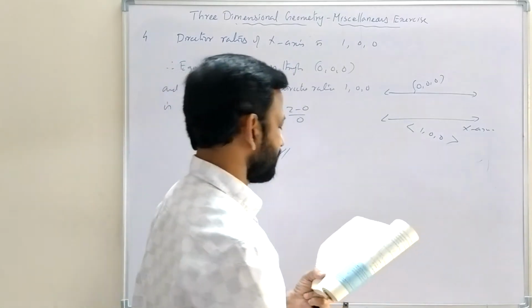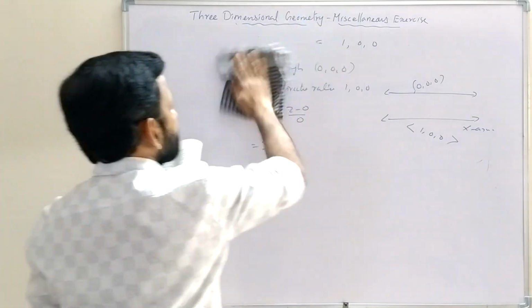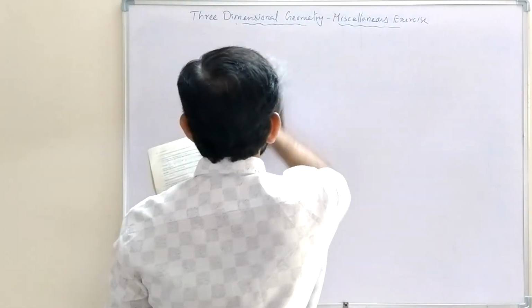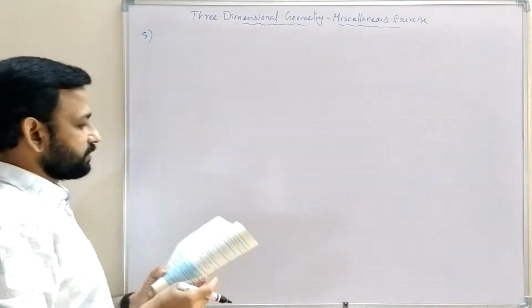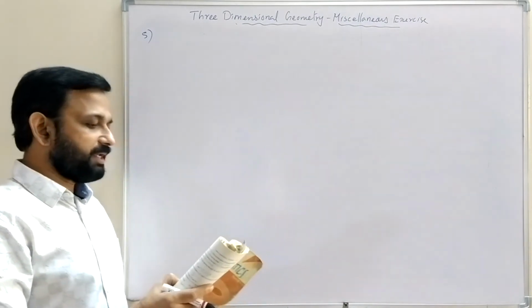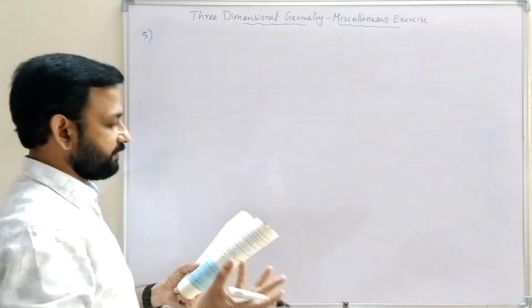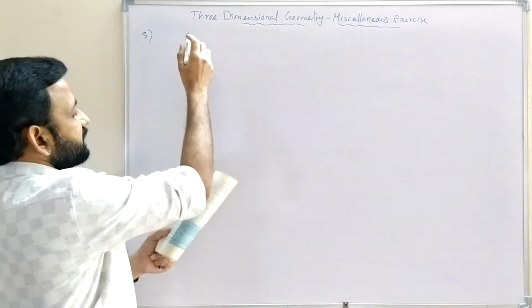Then we will do question number 5. Here, if the coordinates of the points A, B, C, D are given respectively, then find the angle between the lines AB and CD.